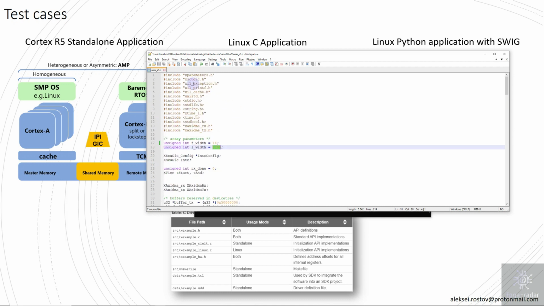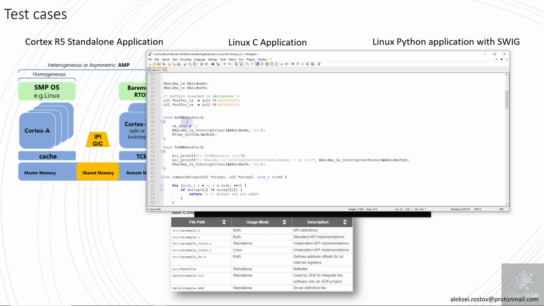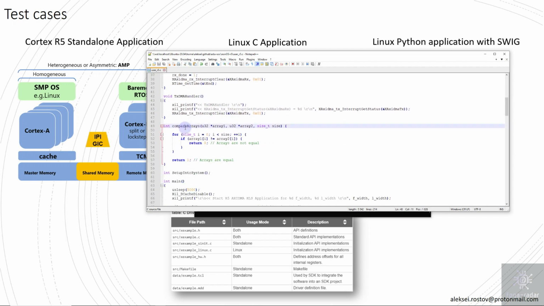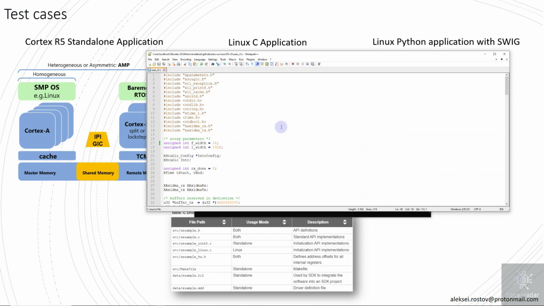Also here I have interrupt controller libraries, since I would like to use interrupt mode, and handlers for RX and TX interrupts. Here I also have a compare arrays function. This function will be used across all three test cases. It simply compares the sent and received arrays. So basically that's all I would like to have.